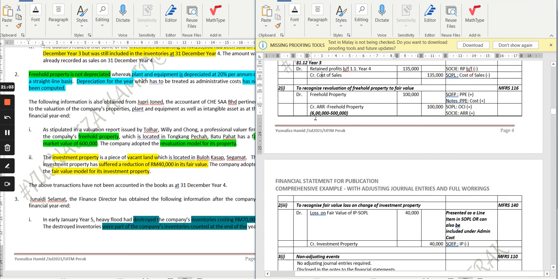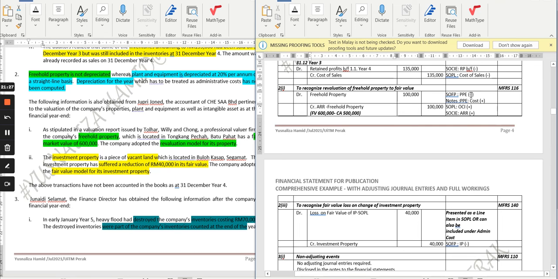So this fair value is 600,000, and the carrying amount, there is no depreciation, so the carrying amount or the carrying value is 500,000. So the ARR will have to be credited. That is the initial revaluation.